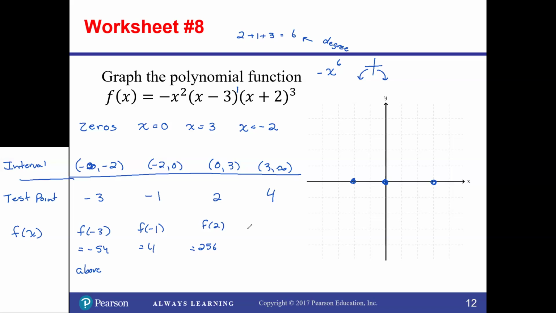And then F of 4 is going to be equal to negative 3,456. But we know this first one's telling us that I'm going to be below the x-axis. I'm going to be above here because it's positive still, so I would be above again. And then here I would be below.